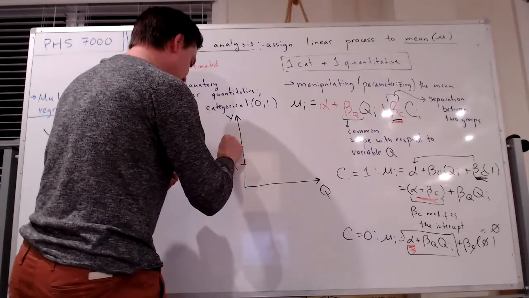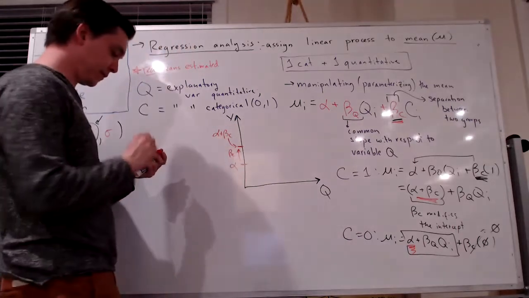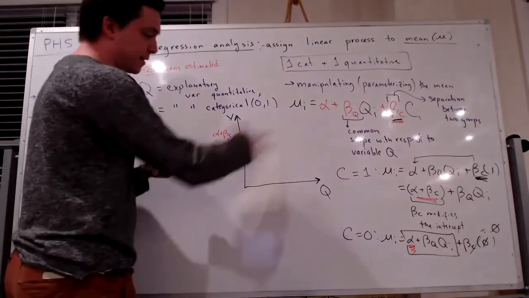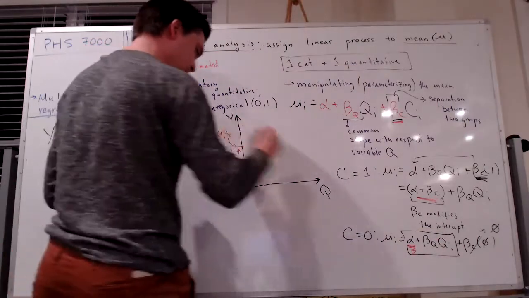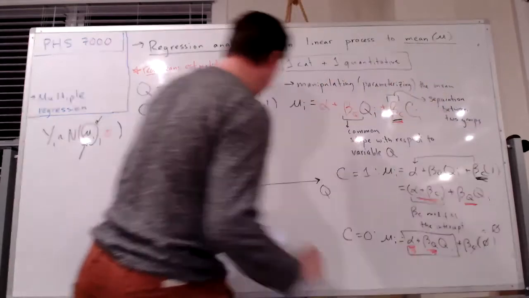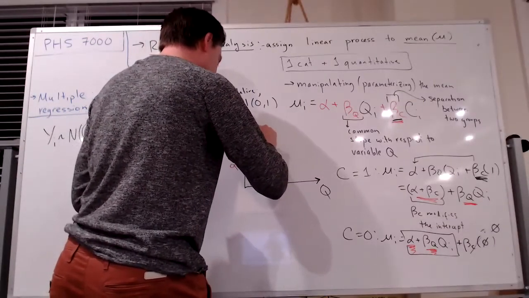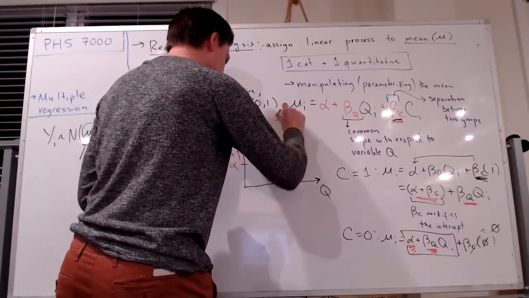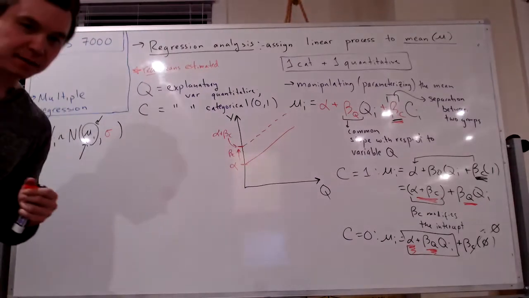So this right here is alpha plus beta categorical. Let's pretend that the slope is positive, but notice that the slope is the same in both regression lines. So I have something that looks like that.